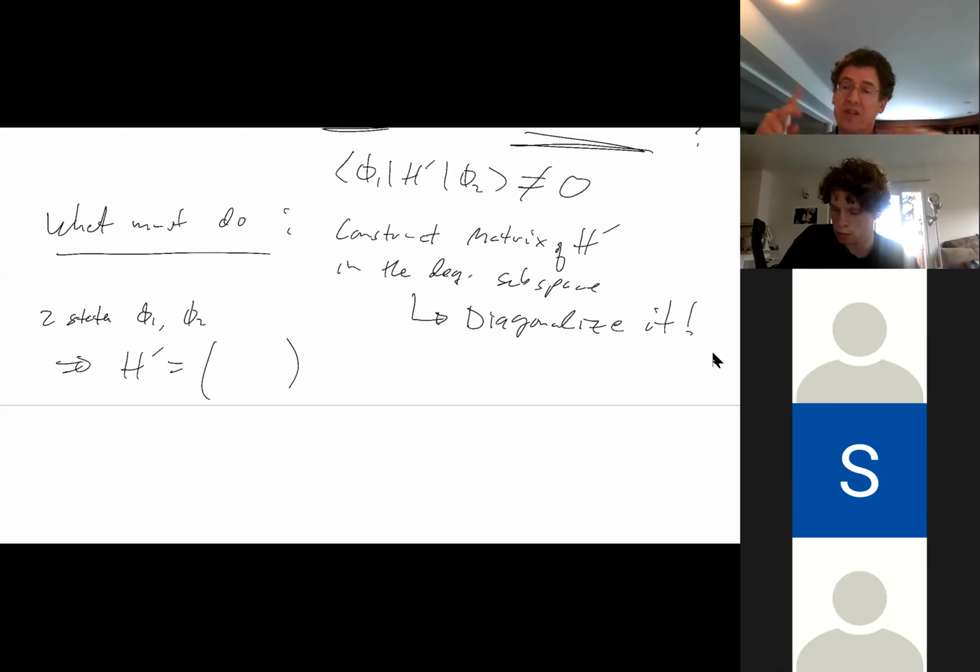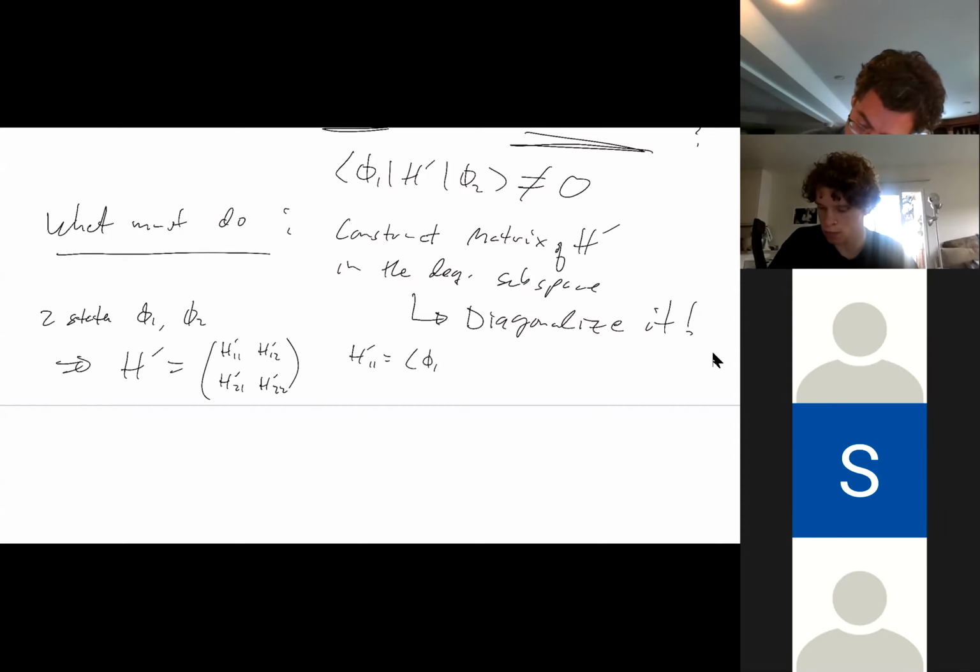So that means that the matrix is a 2x2 matrix where we have H prime 1 1, H prime 1 2, H prime 2 1, and H prime 2 2, where H prime 1 1 is going to be phi 1, H prime, phi 1, and so on. We can just write down all of these matrix elements.